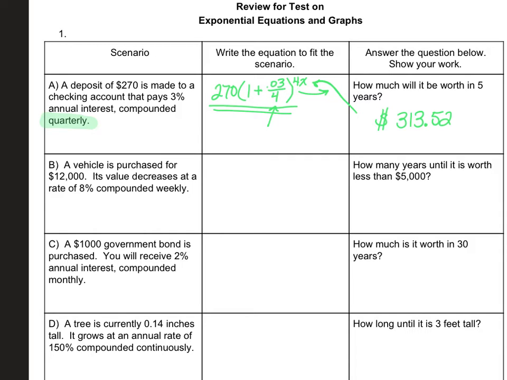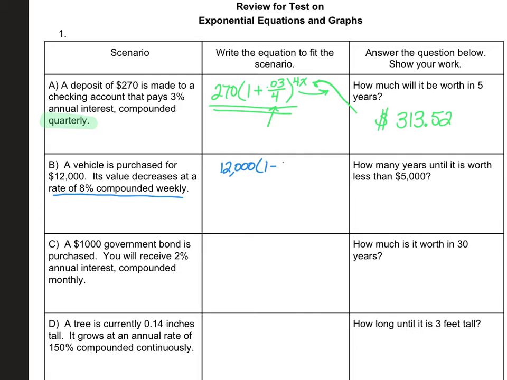Letter B, it says the value of a vehicle purchased for $12,000 will depreciate. It will decrease. So we have $12,000. And since the value is decreasing, we are going to take that amount away from 1, because the 1 stands for 100%. And it says the depreciation will decrease by a rate of 8% compounded weekly.